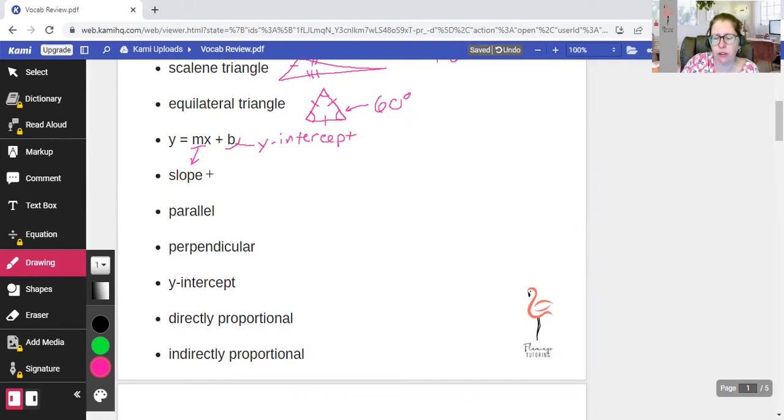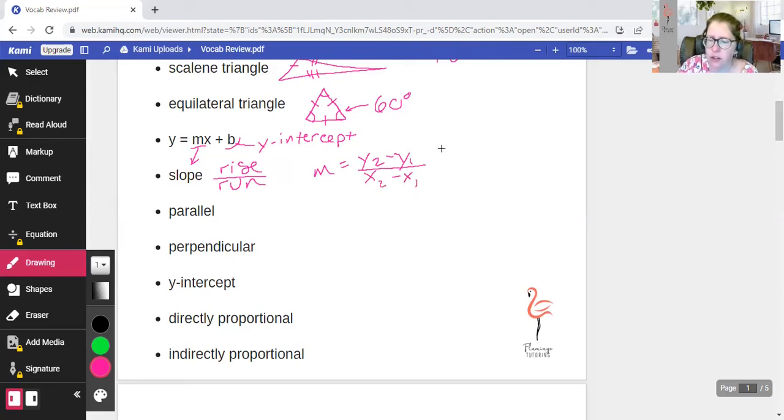Now, remember that slope is the direction the line goes, and it's usually represented as a fraction, rise over run. All right, so you can find slope by using this formula, y2 minus y1 over x2 minus x1.